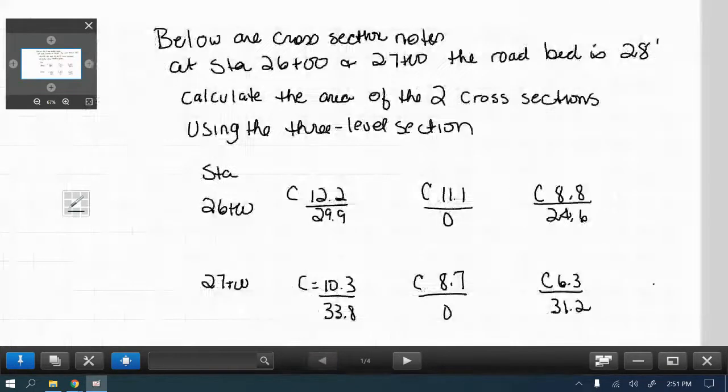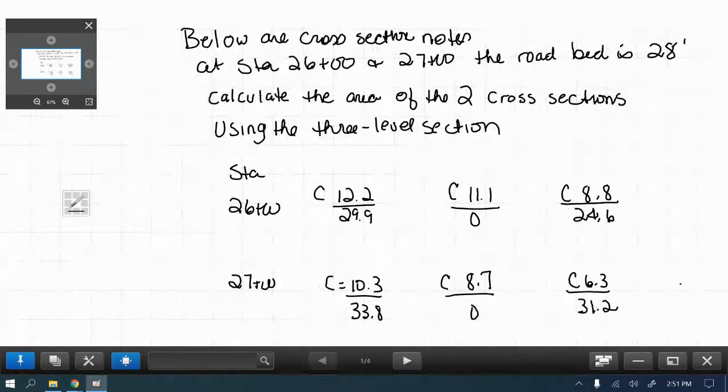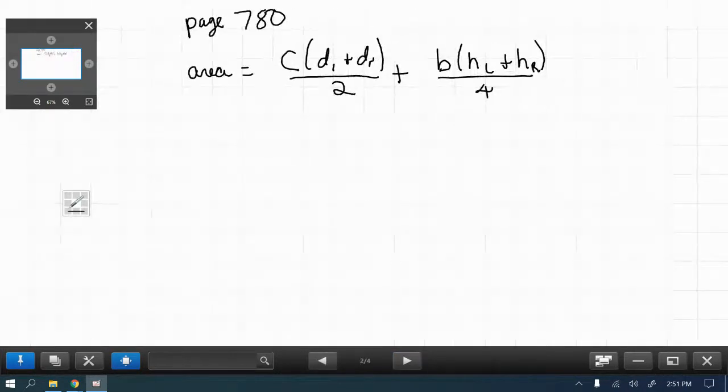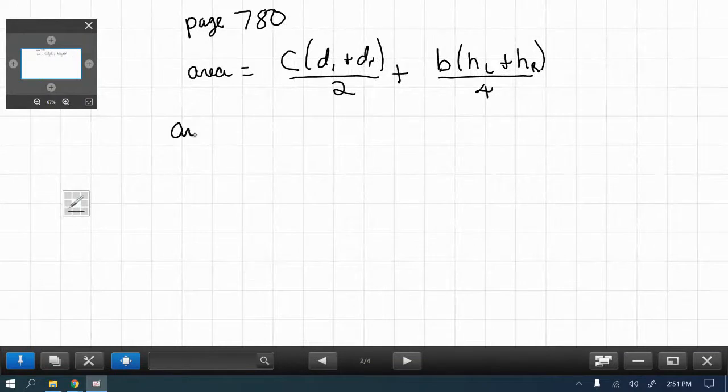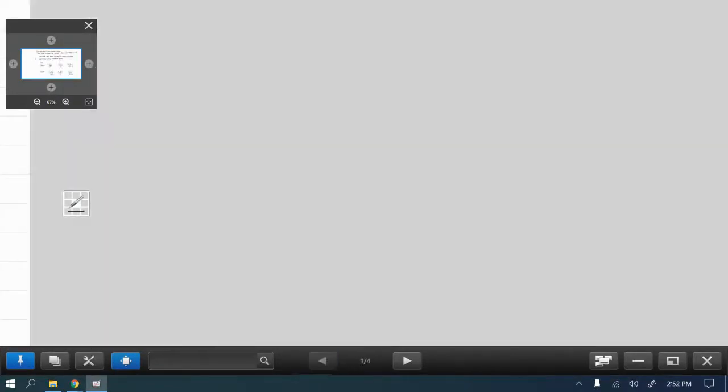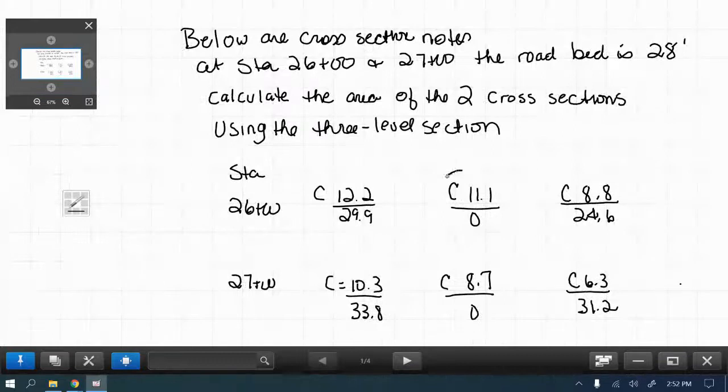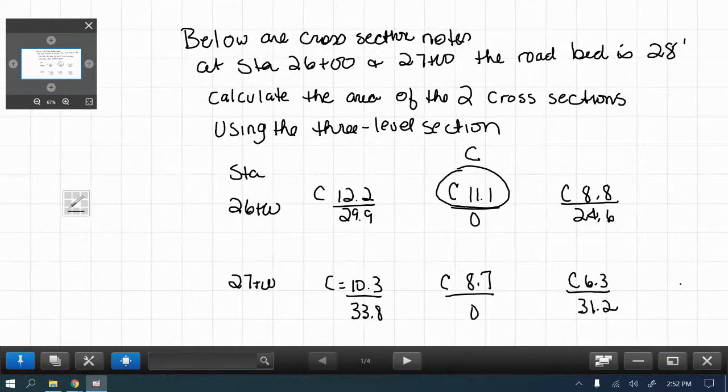Okay, so I'm going to do the 26 first. 11.1 is my C. This is what the C is.